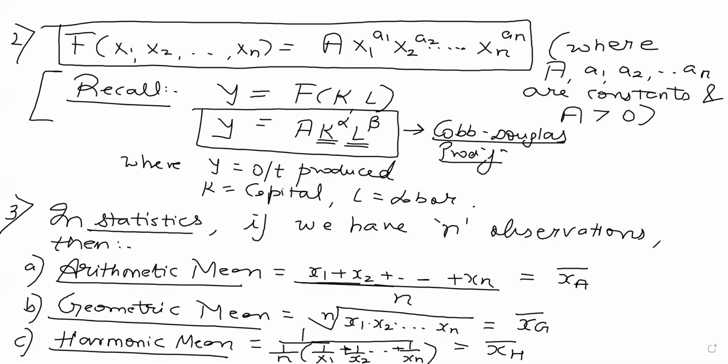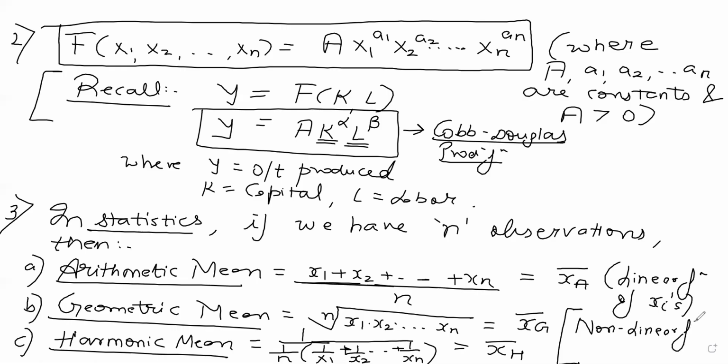Clearly you can see out of arithmetic mean, geometric mean, and harmonic mean, only arithmetic mean is a linear function. It is a linear function of the xi's: x1 plus x2 plus dot dot dot xn divided by n. Geometric mean and harmonic mean, both of them are non-linear functions of xi's.